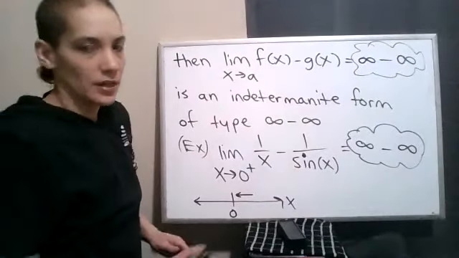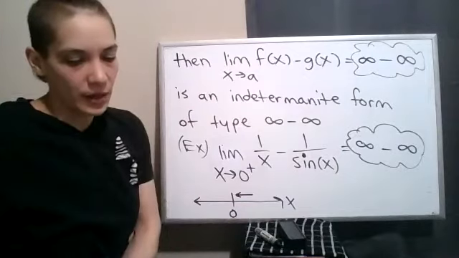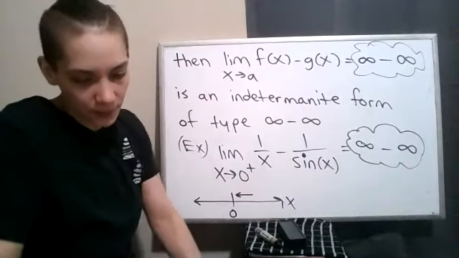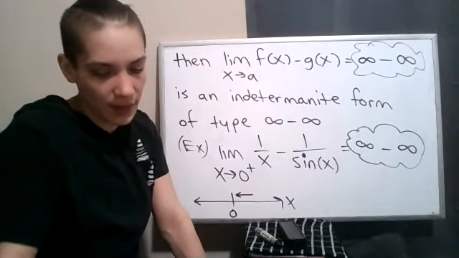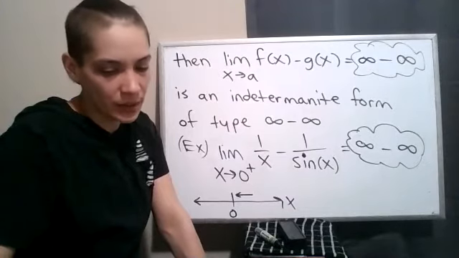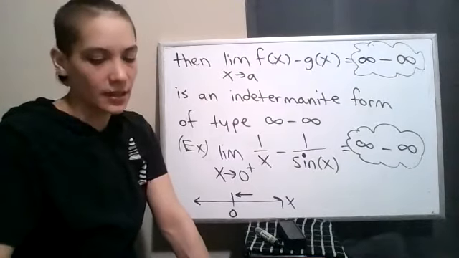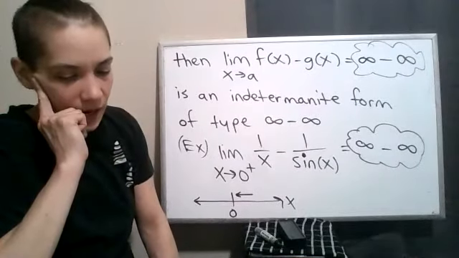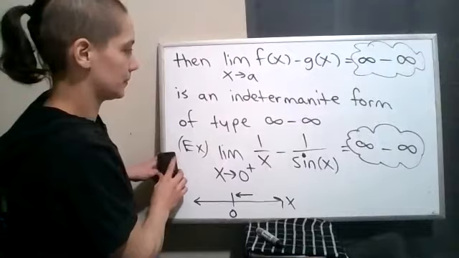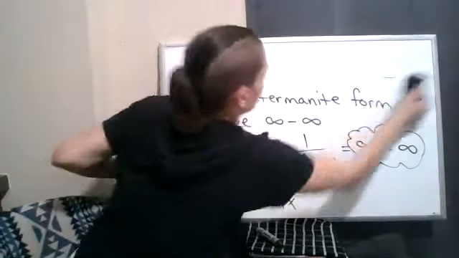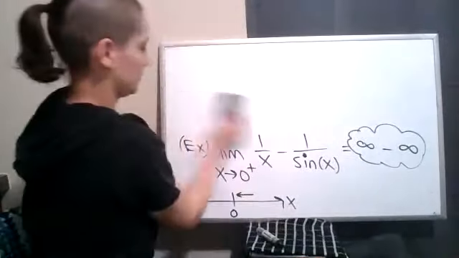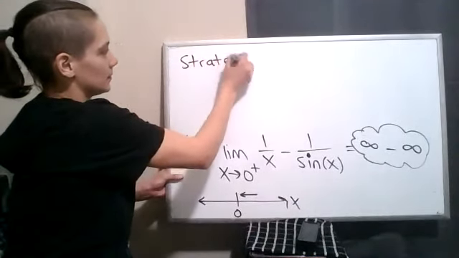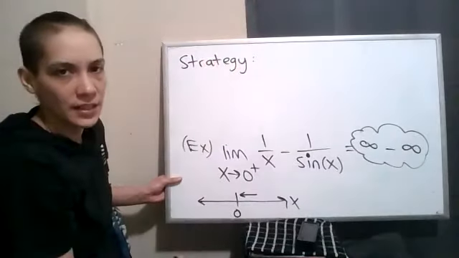Oh, I forgot to talk about strategy. So the strategy would be to algebraically manipulate the expression into a quotient of, let's see. Unfortunately, that's not a really good strategy.